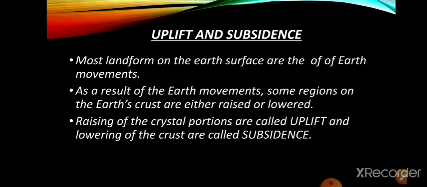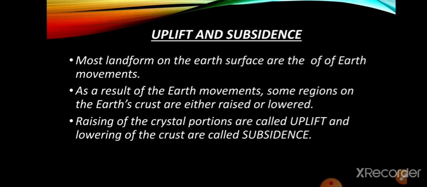As a result of earth movement, some regions of the earth's crust, that is the outer part, the first layer of the earth, are either raised up or lowered. We call this raising and lowering of the land by two words.